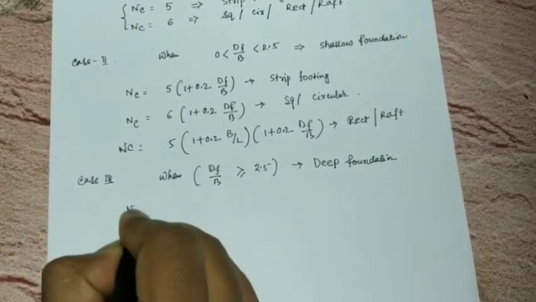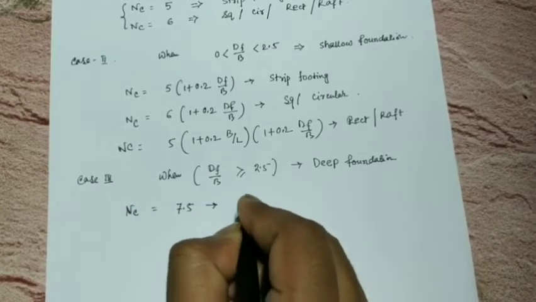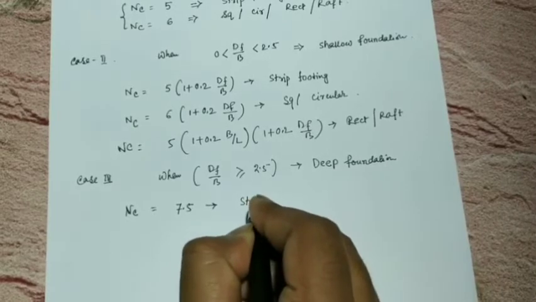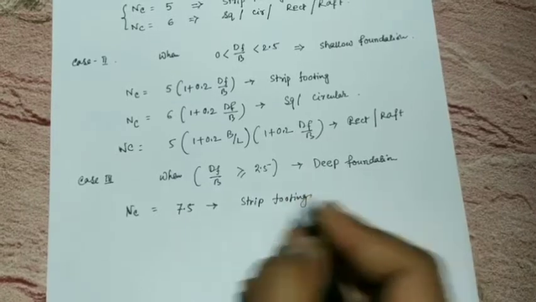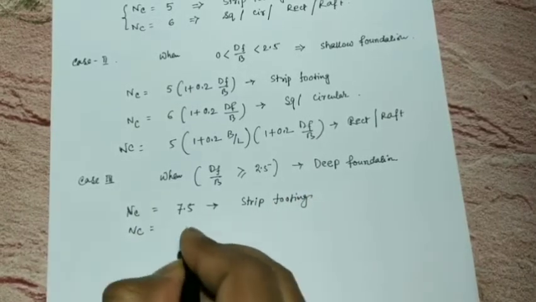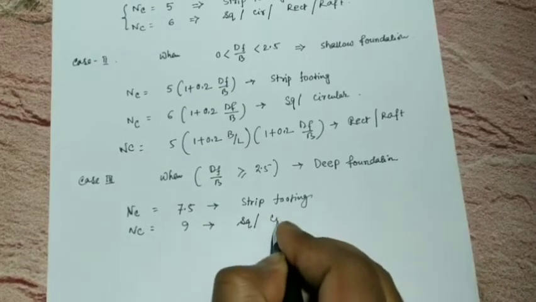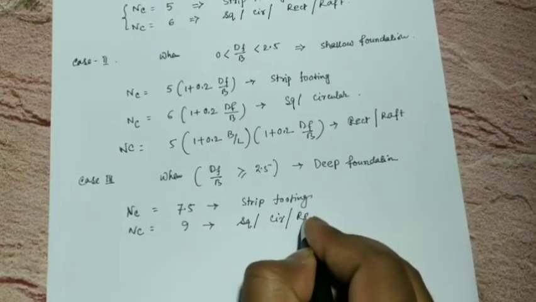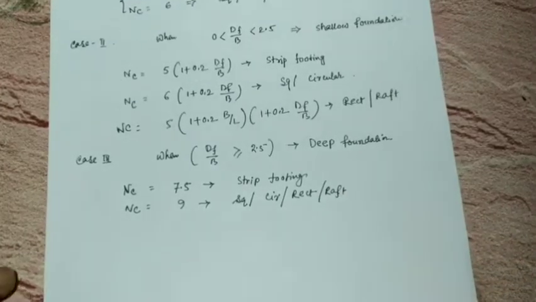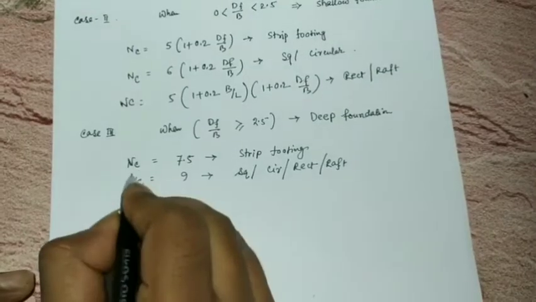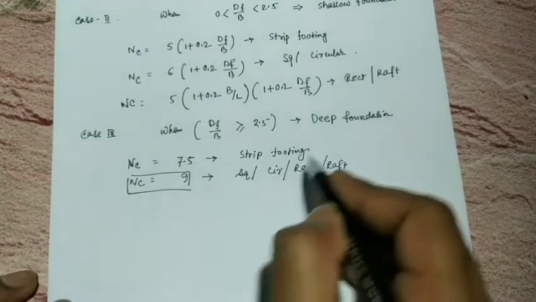The Nc value is 7.5 for strip footing, and the value of Nc is 9 for square, circular, rectangular, raft footing. 9 is the maximum value of Nc, and it is the condition of deep foundation.